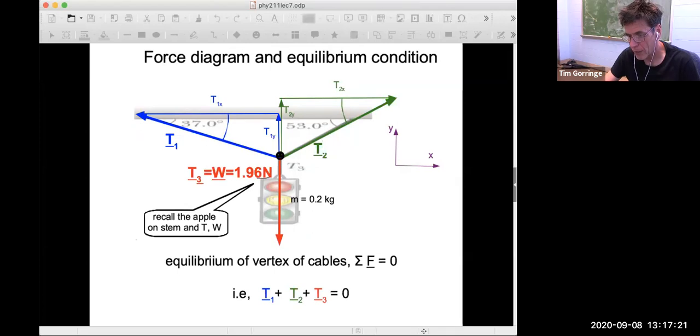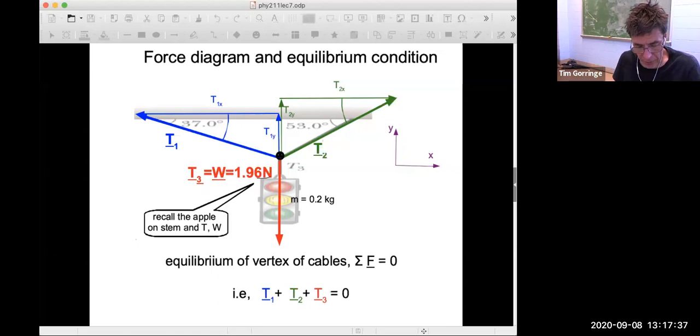Okay, so again, I always start these problems with a nice diagram, a nice sketch of the forces that are acting, so I can really visualize, picture, imagine the equilibrium that's going on.